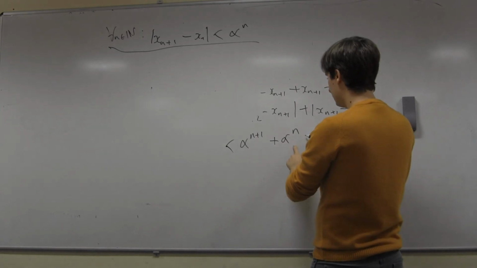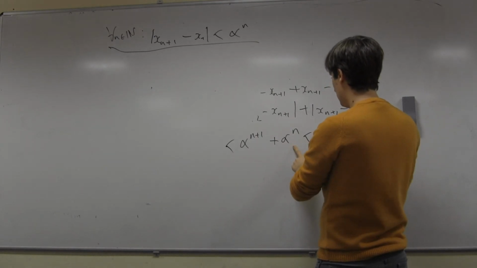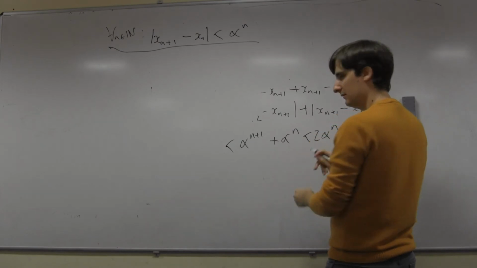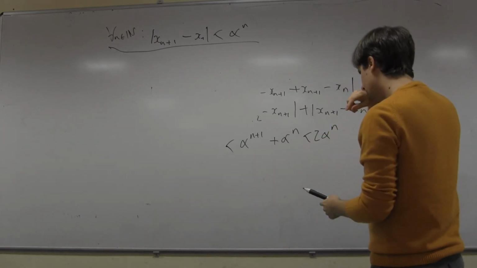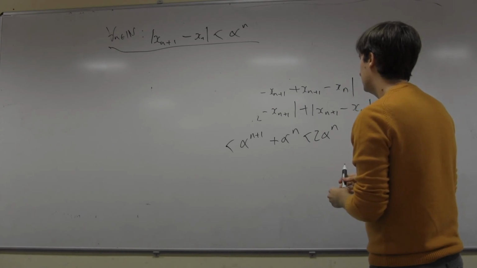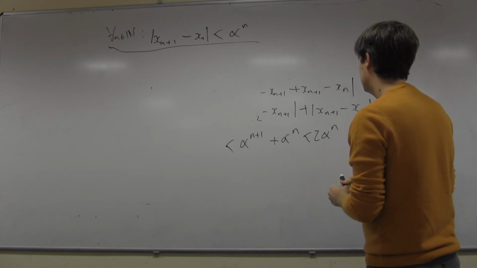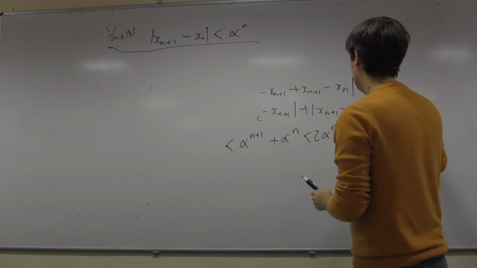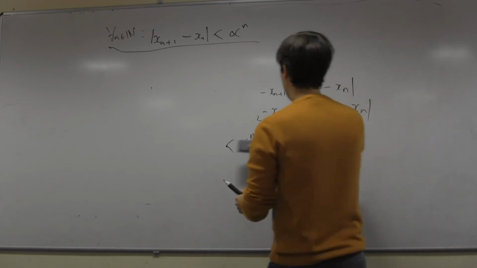So this is less than 2 alpha to the n. Good enough. Well, let's leave it as a sum then.